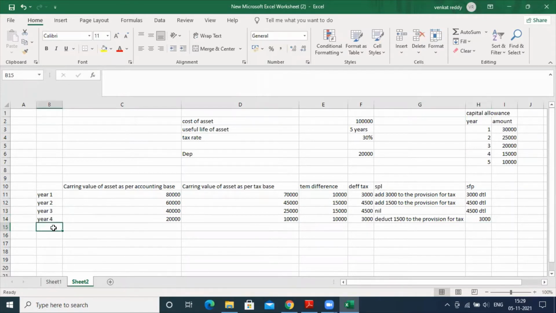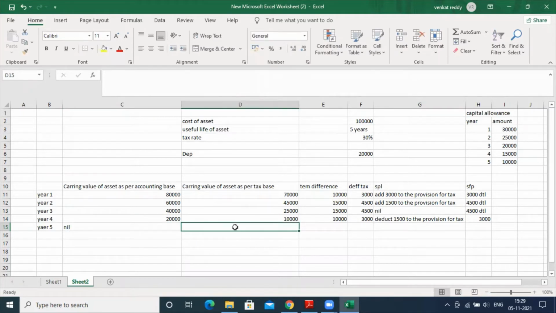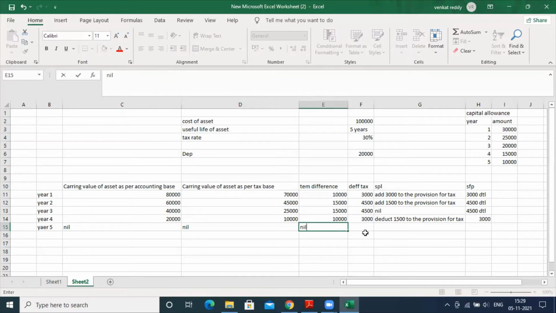And for year 5, so there will not be any carrying value. So 20 minus 20. So the carrying value will be nil as per accounting base. And as per tax base also the carrying value will be nil. And there is no temporary difference. So if there is no temporary difference, there will not be any deferred tax.